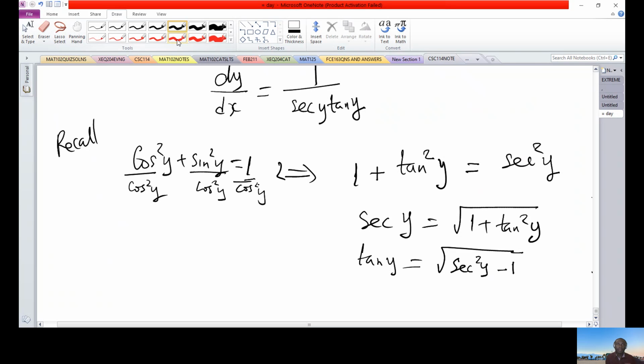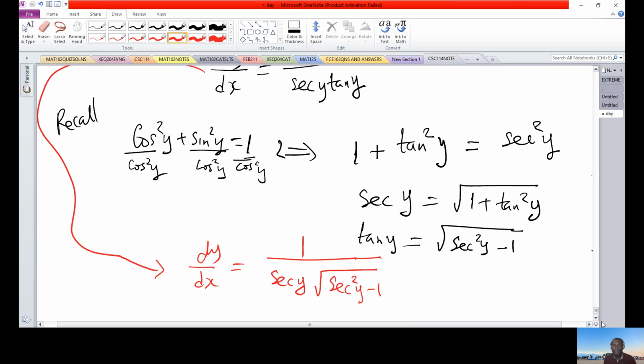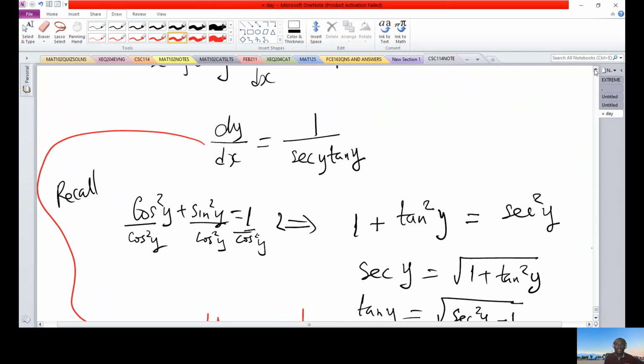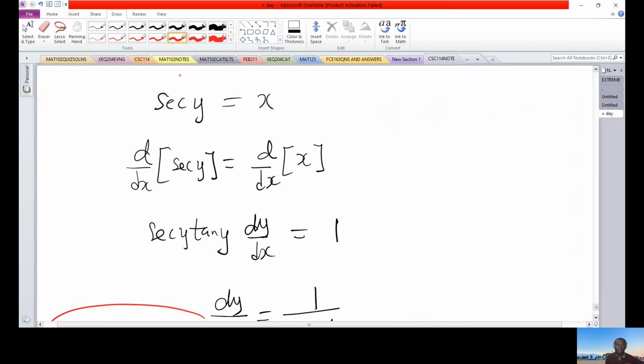So this derivative is the same as dy/dx equals 1 over sec y times the square root of, in place of tan we write sec squared y minus 1. What is motivating us to express everything in terms of sec is because from the word go, we have an expression of sec in terms of x. This is where we came from.